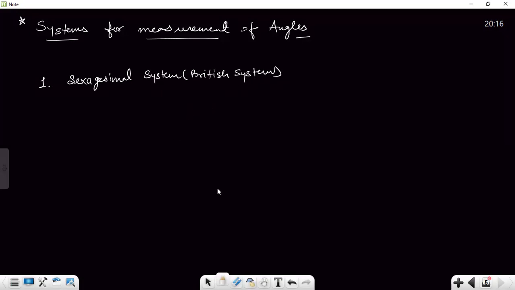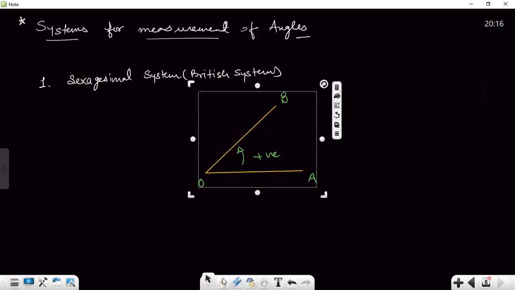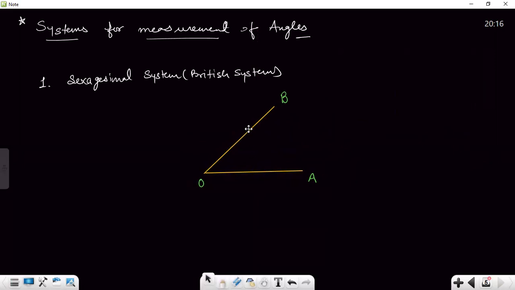So whenever we discuss a ray, we are discussing this. This particular ray can have its movement.